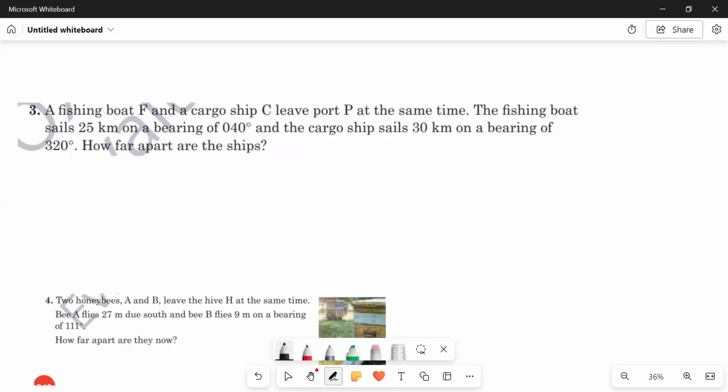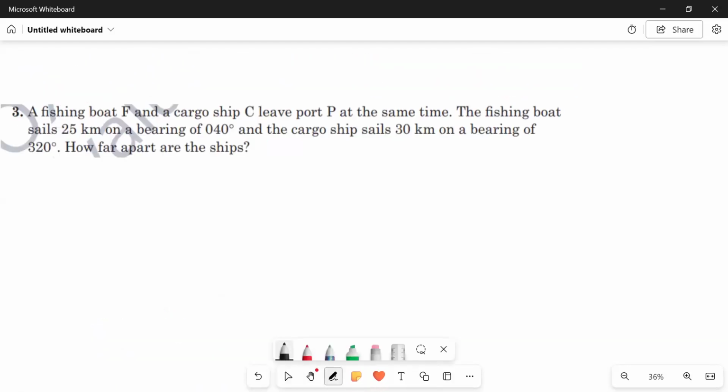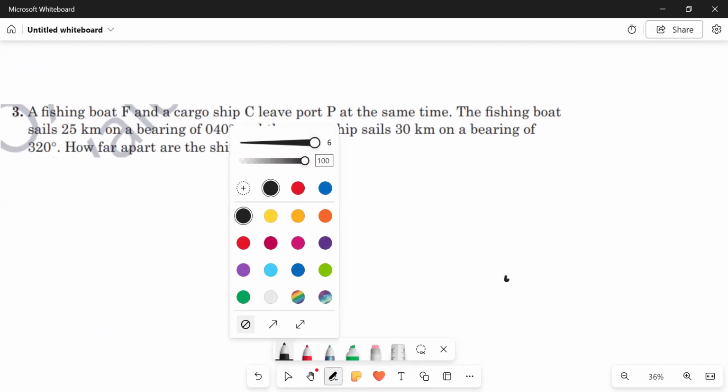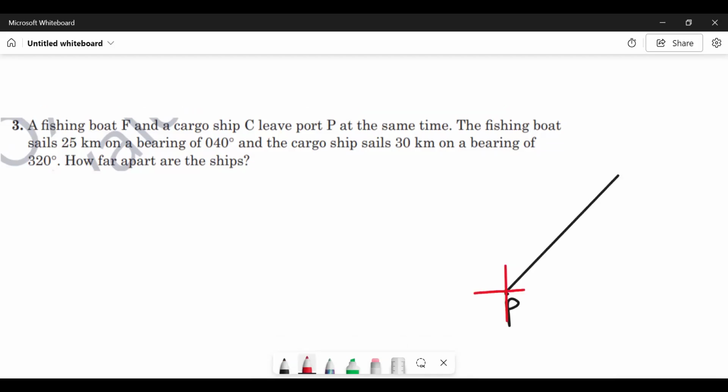Okay. Now let us make our shape according to the given information. A fishing boat F and a cargo ship leave port P. So this is the port P. Now the fishing boat sails 25 kilometers on the bearing of 40, so it is going to this side, because if we make the bearing here at point P, it should be 40.